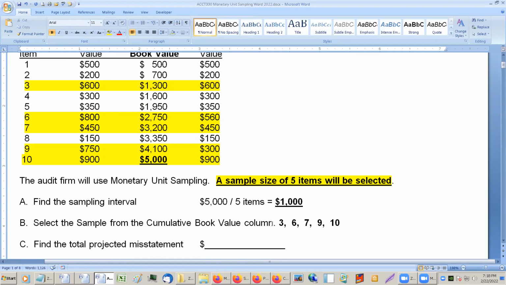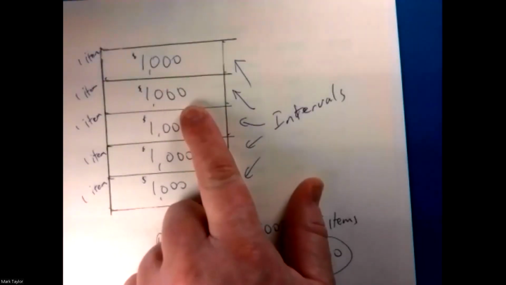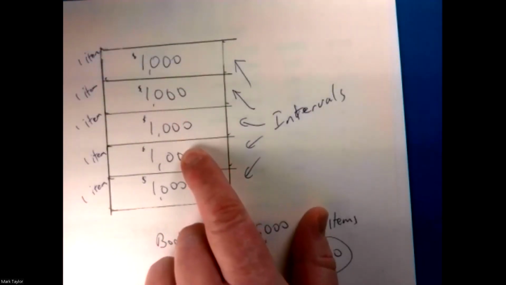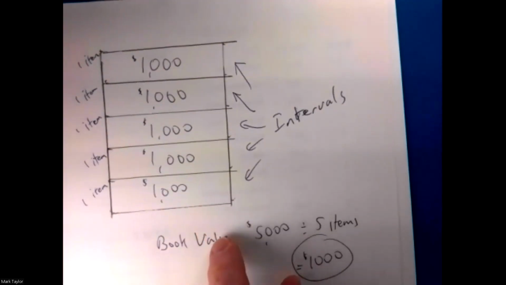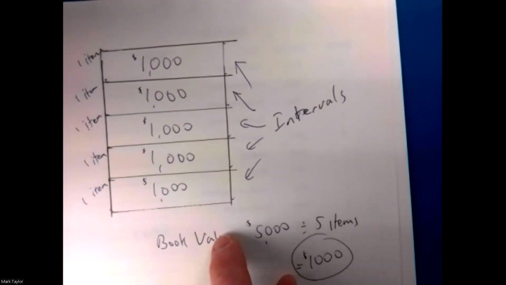The first $1,000 chunk will be item number 3. The next one will be item number 6. So we're just taking one item and saying, okay, that one item is going to represent that entire interval.